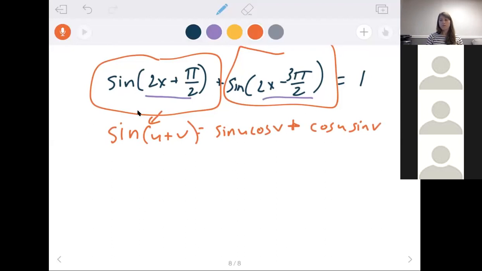So make sure you've got that one copied down quickly. And then keep in mind the minus formula is going to look the same. Plus or minus here correspond. The plus goes with the plus, the minus goes with the minus on sine, and then we saw that flip on cosine.